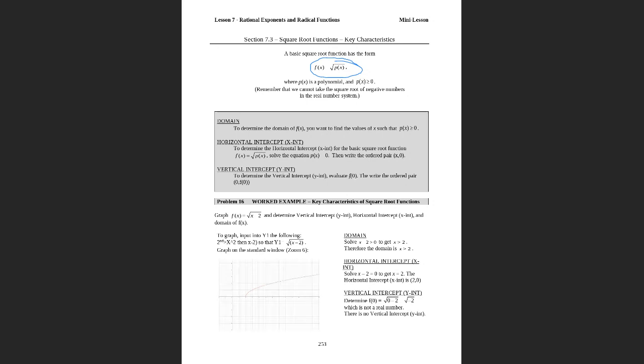Remember that the domain is the set of possible x values, or the set of possible input values for the specific function. So this is how you should think about this. I'm going to go to the whiteboard and do this on the whiteboard.